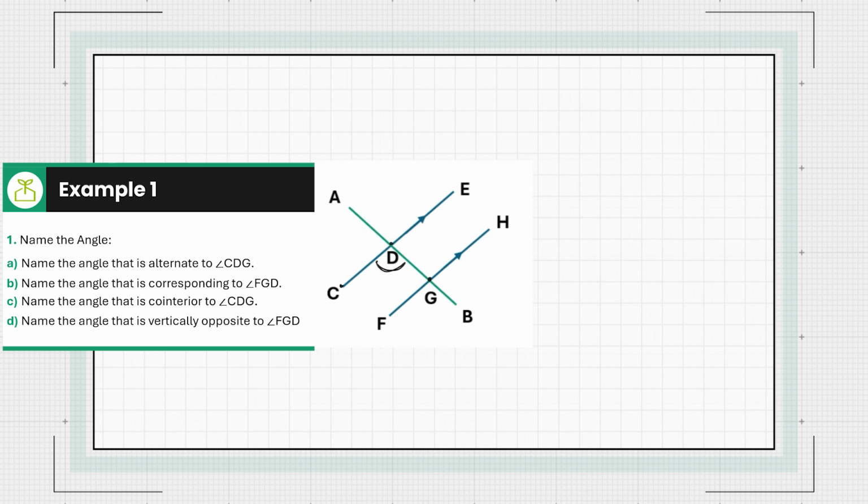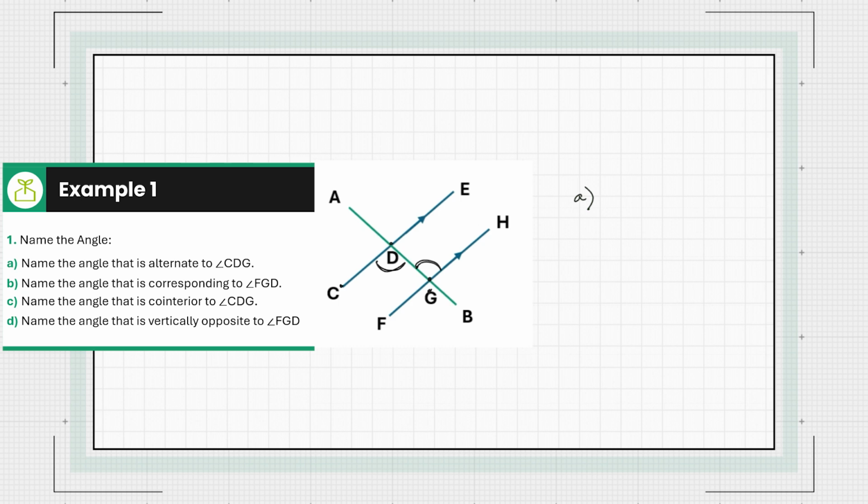Now, what angle is going to be alternate to this particular angle? So to find the alternate angle, all we do is we go to the corresponding angle, which would be here, and then we go to its vertically opposite partner here. So this is our alternate angle.